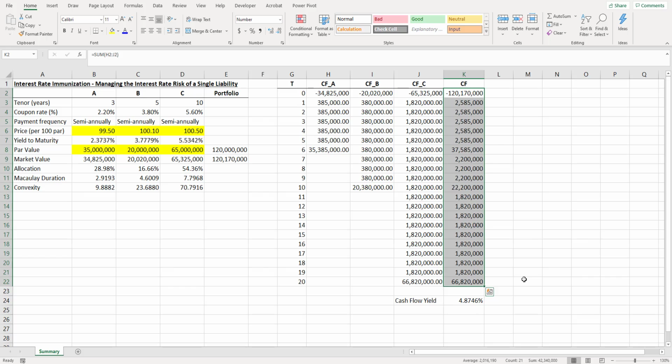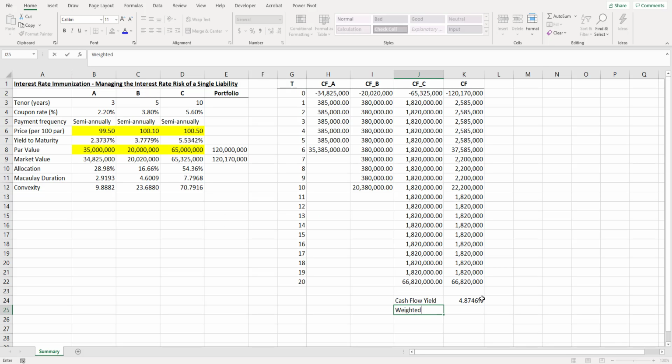Now, sometimes some people would actually use a weighted average of the market value over the yield to maturity to get the yield to maturity of the portfolio. Think of it as an estimate to the cash flow yield.